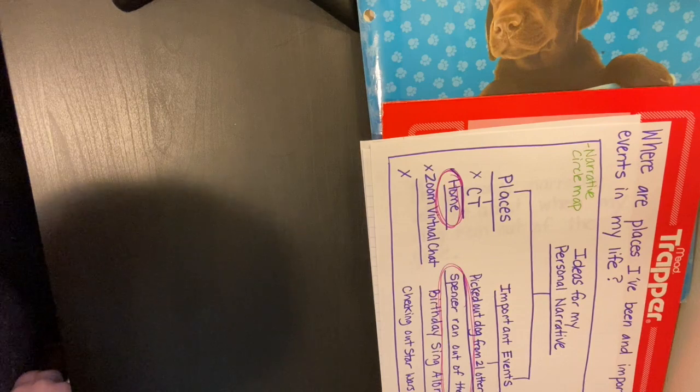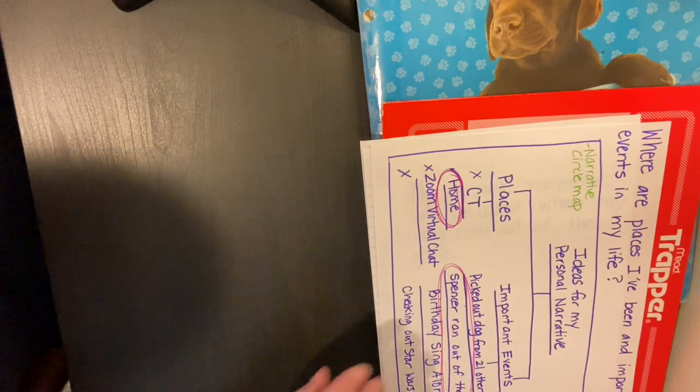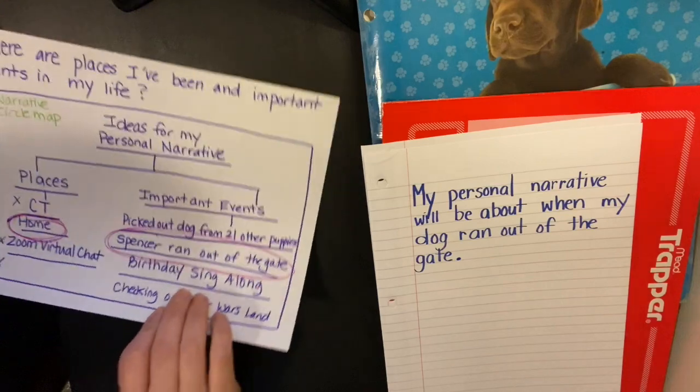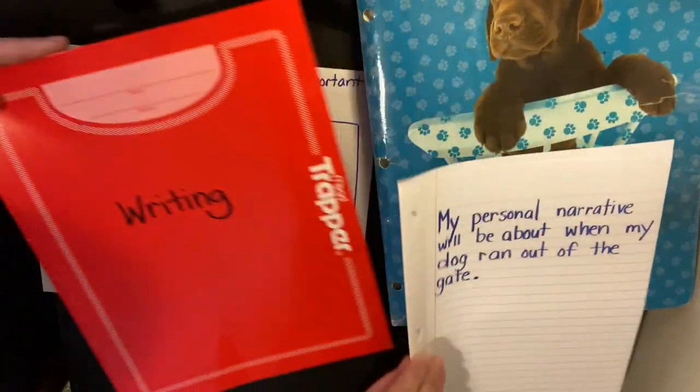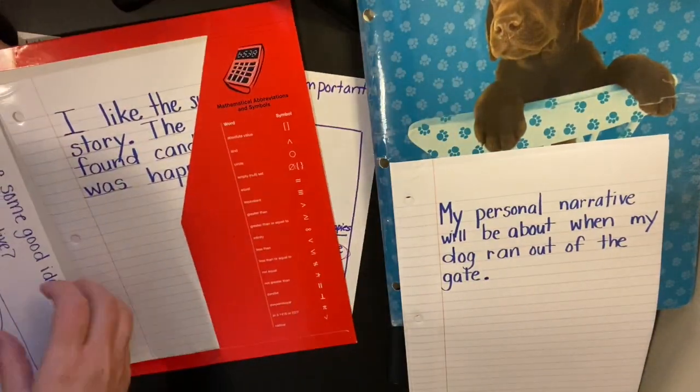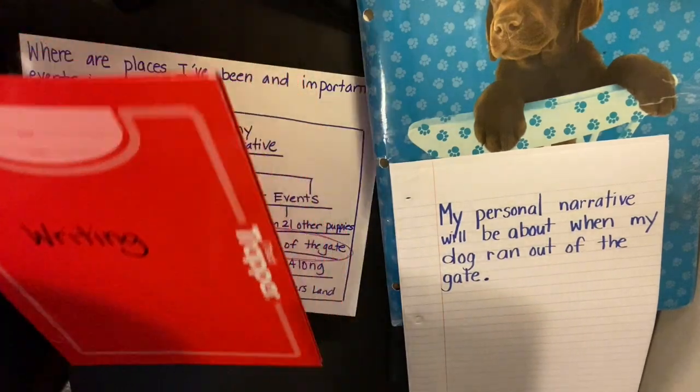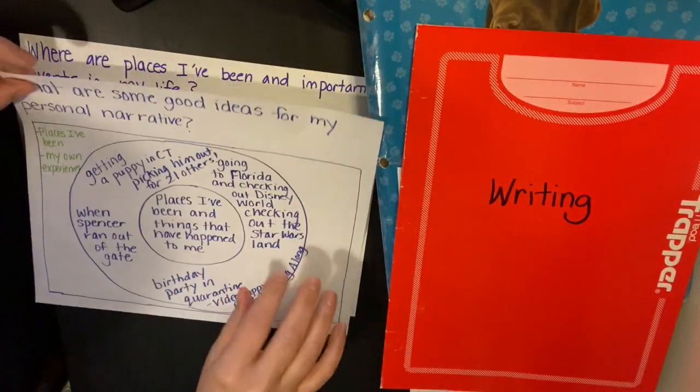We need to go back into our writing folders and think of how we will add more details to our personal narrative ideas. So just to review, our personal narratives came from all of the thinking that we did to try to choose a great story. So the first thing that we did was we made a circle map.